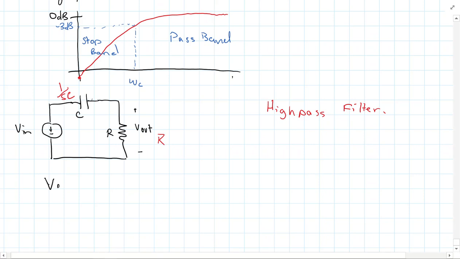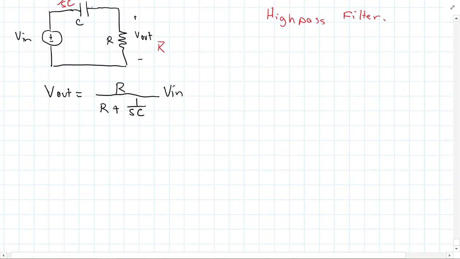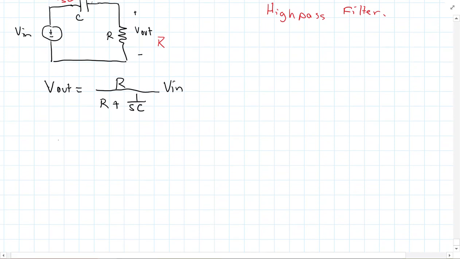We're going to just get V out, doing a voltage division, is R over R plus 1 over SC times V in. And so, real quickly, we get that my transfer function is going to be R over R plus 1 over SC.